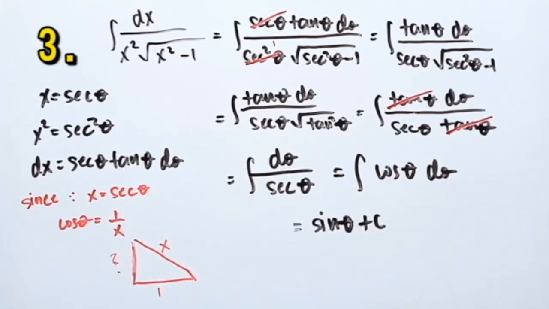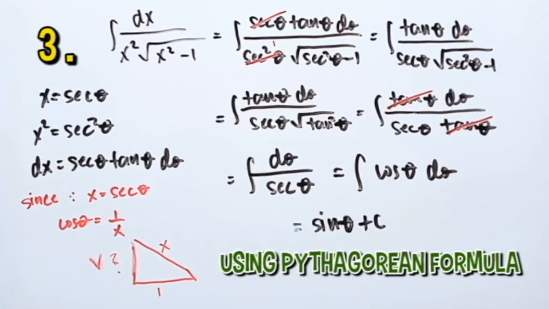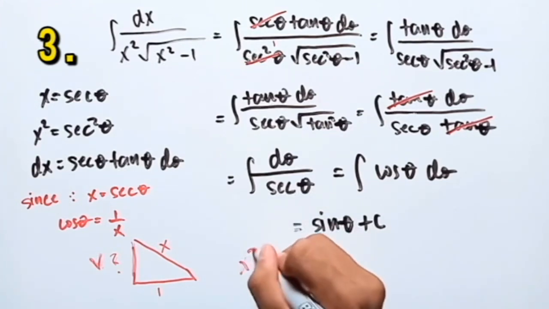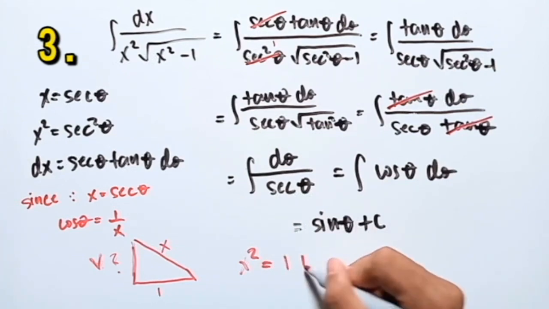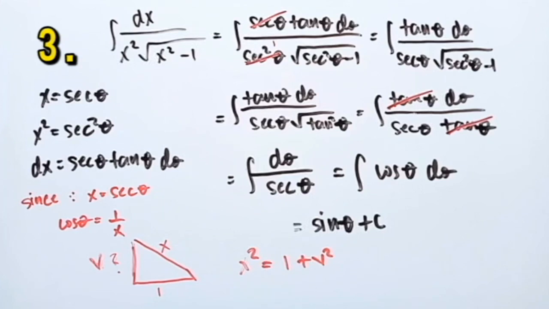So let's find the value of the opposite side, which is, let's say this is v. So using the Pythagorean formula, x squared is equal to 1 plus v squared. And if you want to get the value of v squared, transpose 1 into the left side, which is x squared minus 1 equal to v squared.